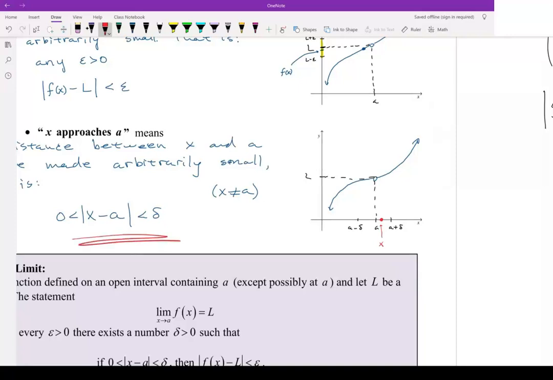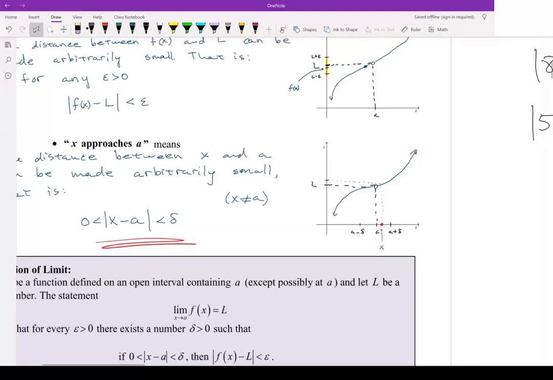If I put that into my function, it's going to give me a value over here, right? And I can make my little neighborhood around L as small as I want.